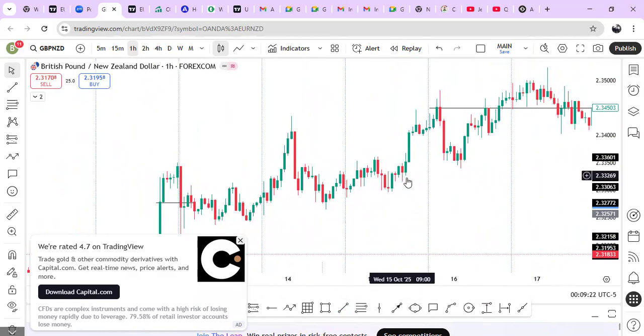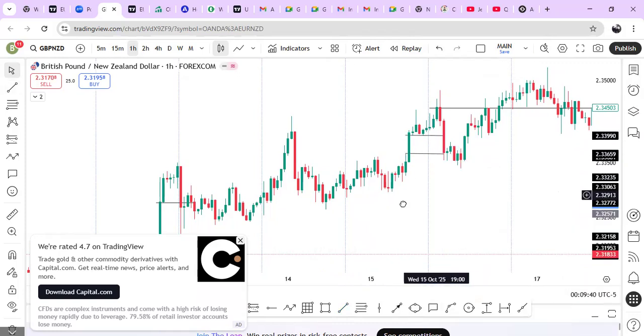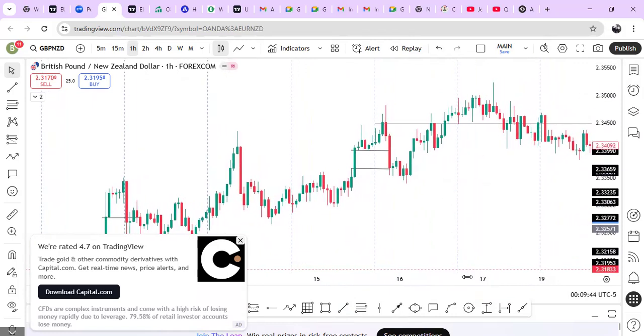If you check here too, see first candle one, candle two, candle three, although this one went to the extreme. You can see your fair value gap there. Exactly, you can see price came into the zone, rejected and continued.